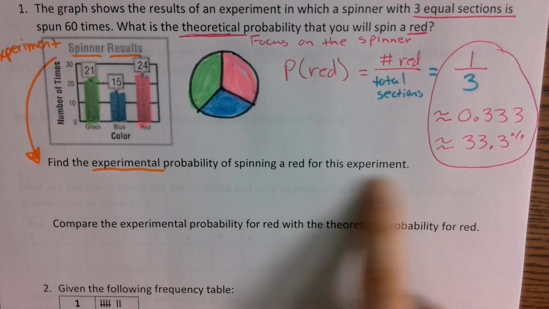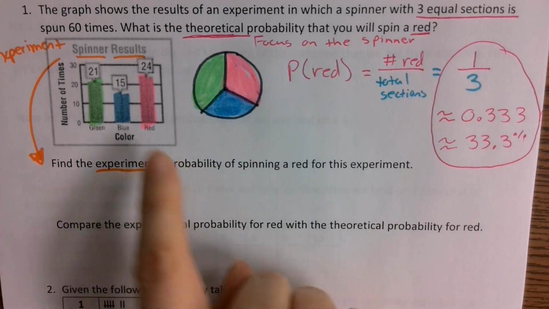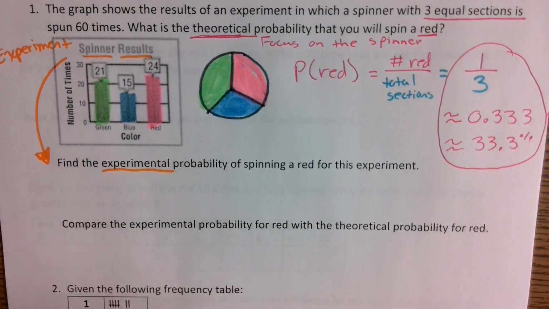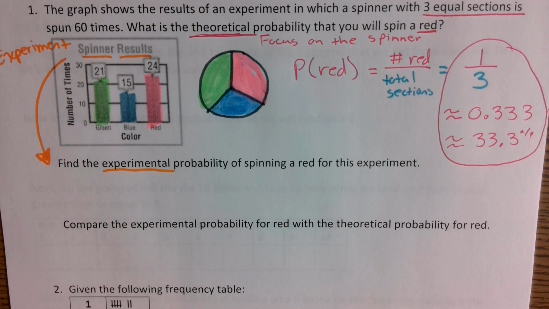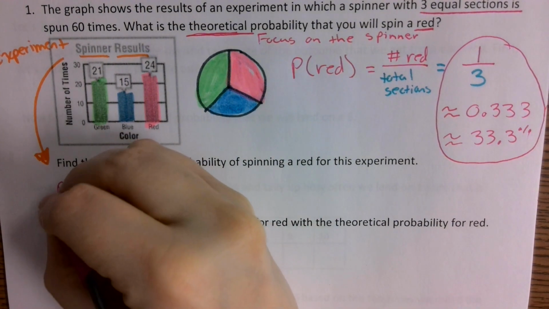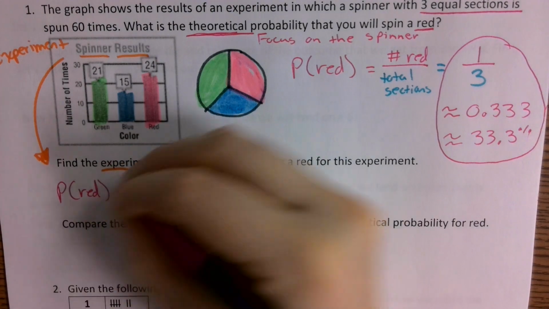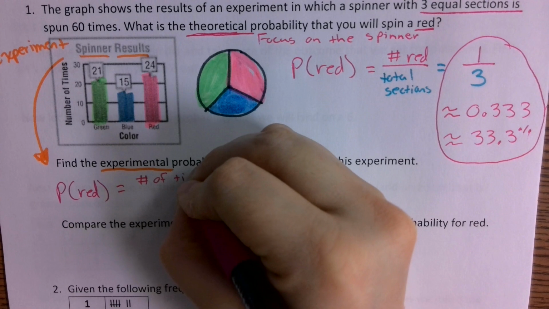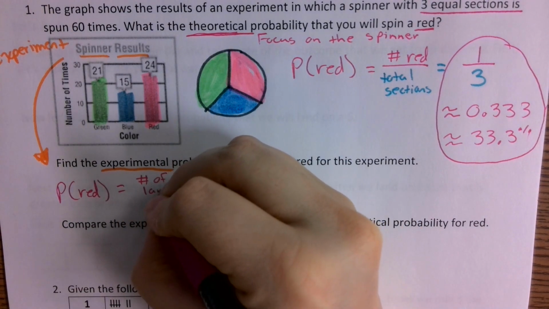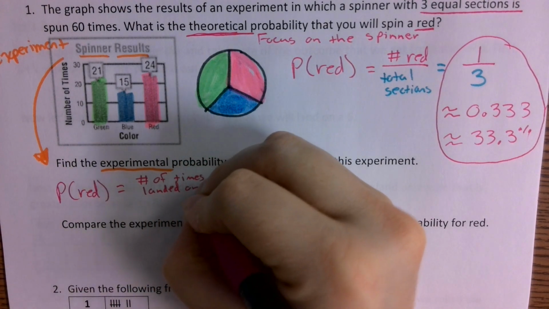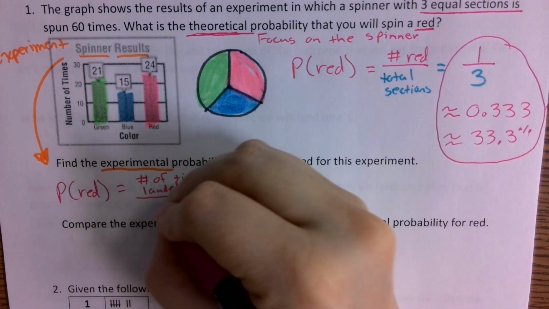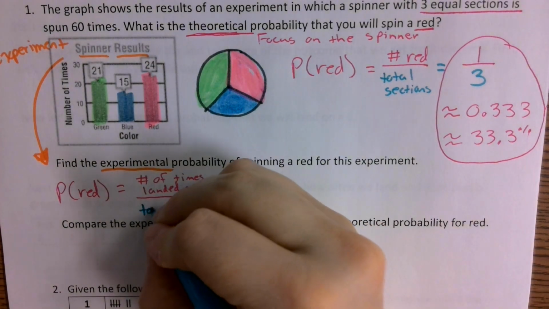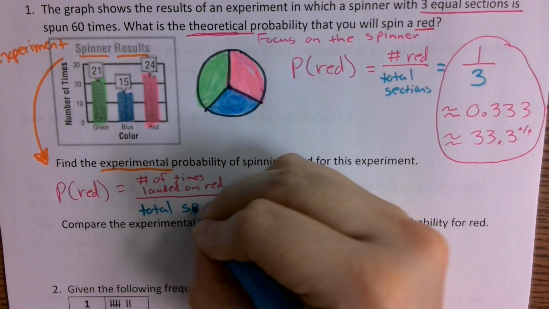All right, experimental probability. Now with the experimental probability, we can focus on the results of the spinner. So now we're looking at how many times. If I'm wanting the probability of red here, I want to know the number of times we landed on red out of the total spins.